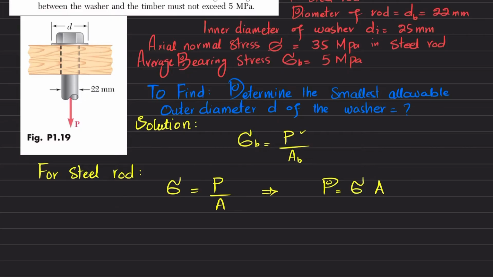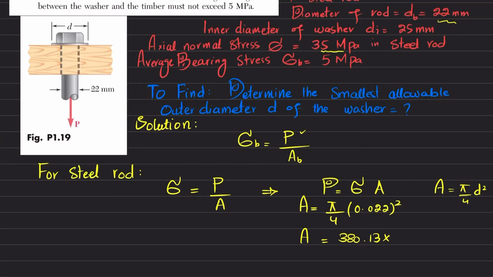Now this normal stress sigma is given as 35 megapascal. The area of the rod is equal to pi by 4 d square, and the diameter is given as 22 millimeter, which in meter is 0.022. From here the area comes out to be 380.13 into 10 raised to power minus 6 square meter.